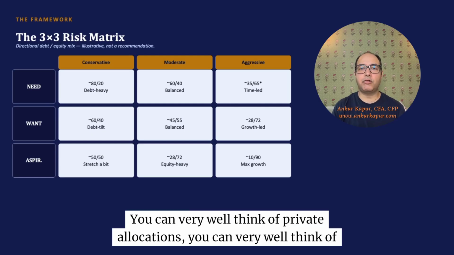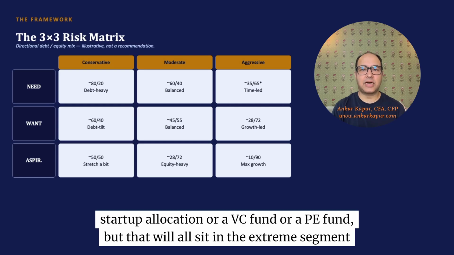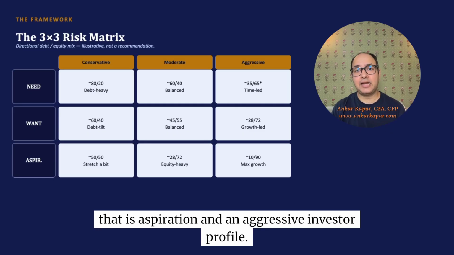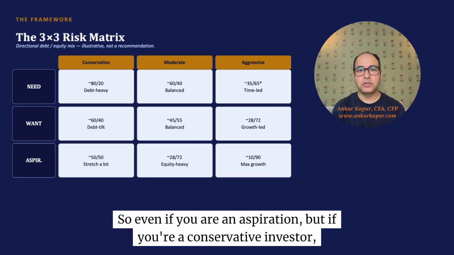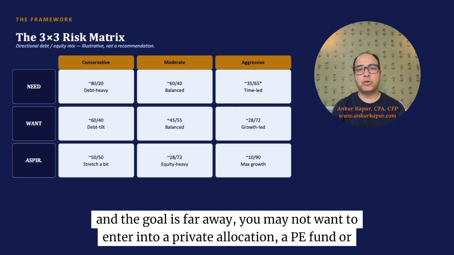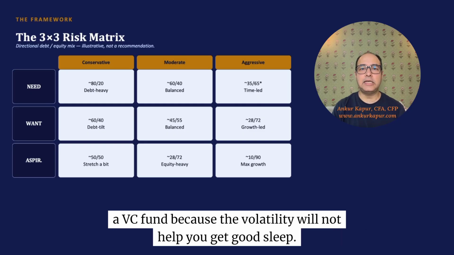You can very well think of private allocations, startup allocation, or a VC fund or a PE fund, but that will all sit in the extreme segment, that is aspiration and an aggressive investor profile. So even if you are in aspiration, but you're a conservative investor and the goal is far away, you may not want to enter into a private allocation, a PE fund or a VC fund, because the volatility will not help you get good sleep.